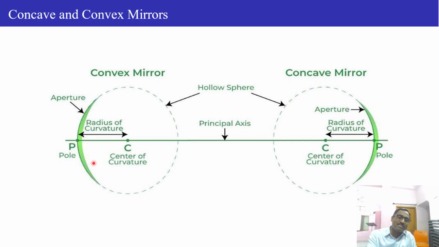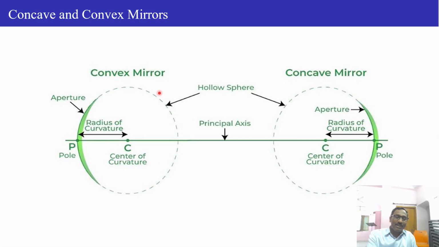The inner curved surface is silver coated. See here, this is the shaded part. The inner curved surface is silver coated. So the outer curved surface is a reflecting surface. Whenever the rays come from this side and fall on the mirror, they reflect. They will diverge. Like this it will go.